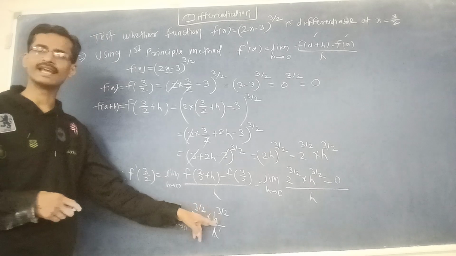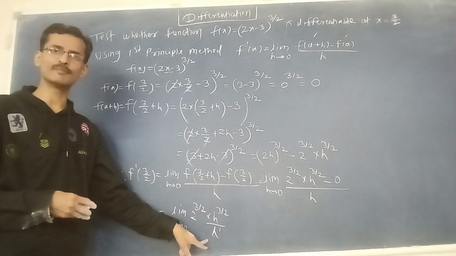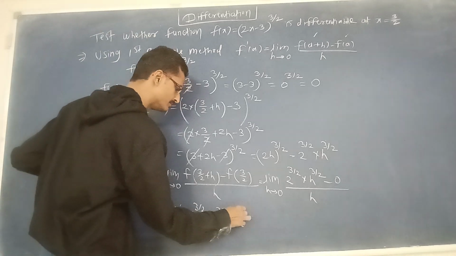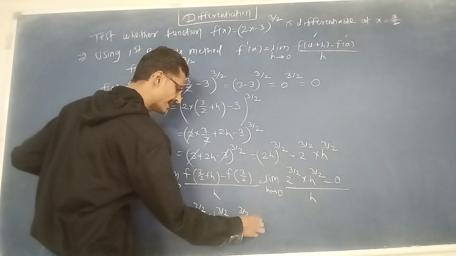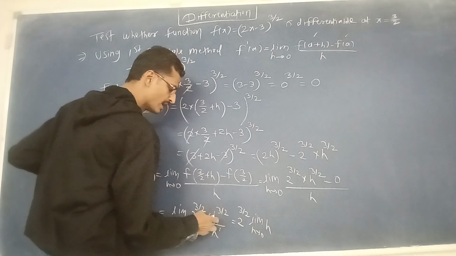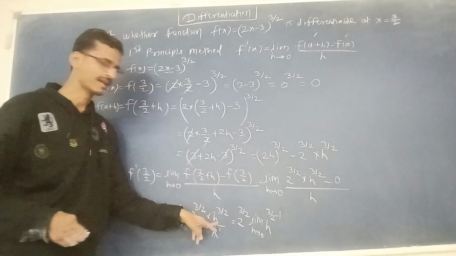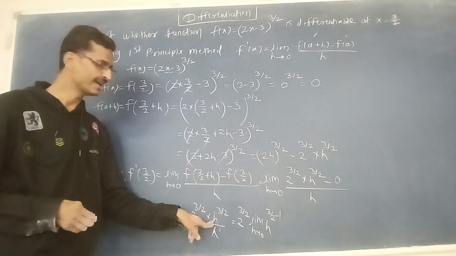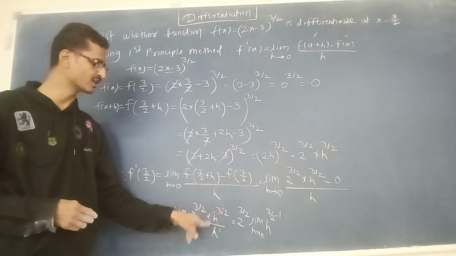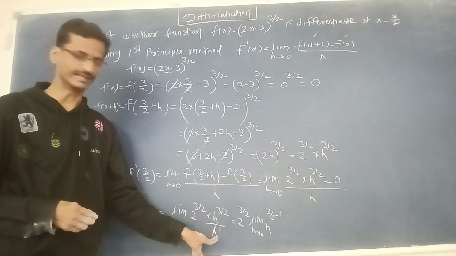Now we know that a^m upon a^n is a^(m-n). So first write this 2^(3/2), limit h tends to 0, h^(3/2 - 1). Okay, bases same h, a^m upon a^n is equal to a^(m-n), that is here 3/2 minus 1.